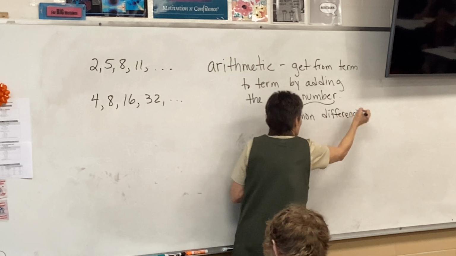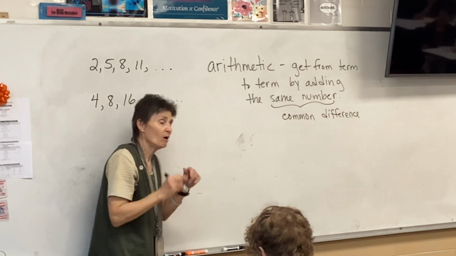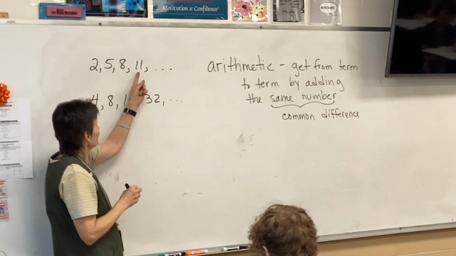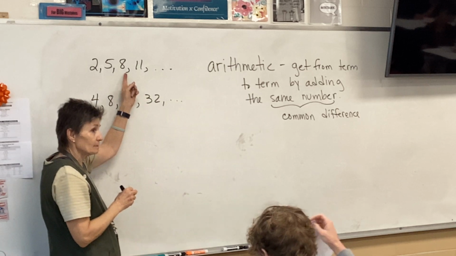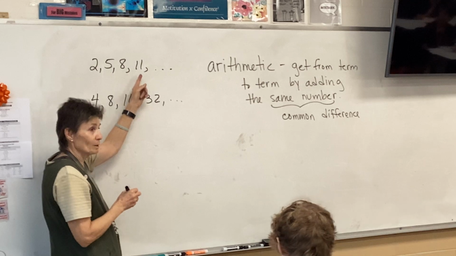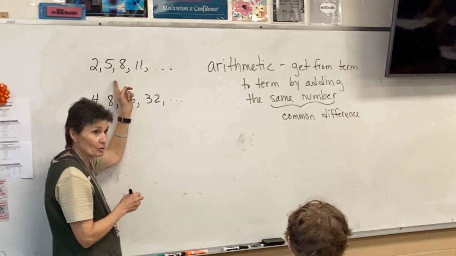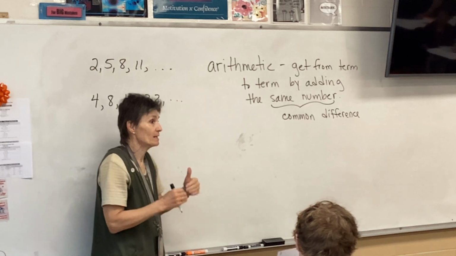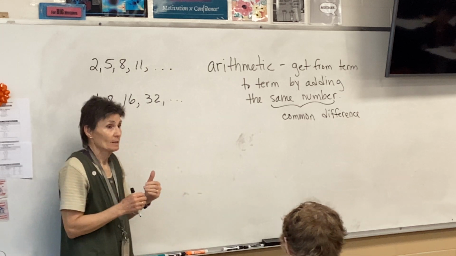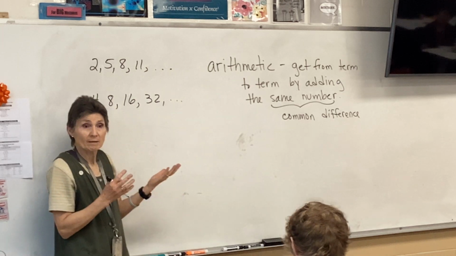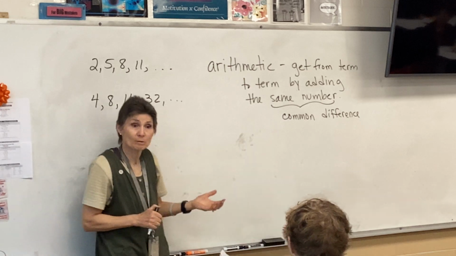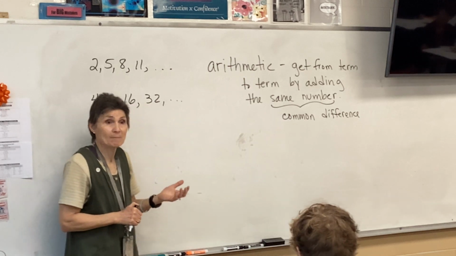And it's called the common difference because if you do 11 minus 8, difference, subtract. If you do 11 minus 8, 8 minus 5, 5 minus 2, it's the same number. It is a common number. Okay, so what's an arithmetic sequence? You get from term to term by adding the same number.